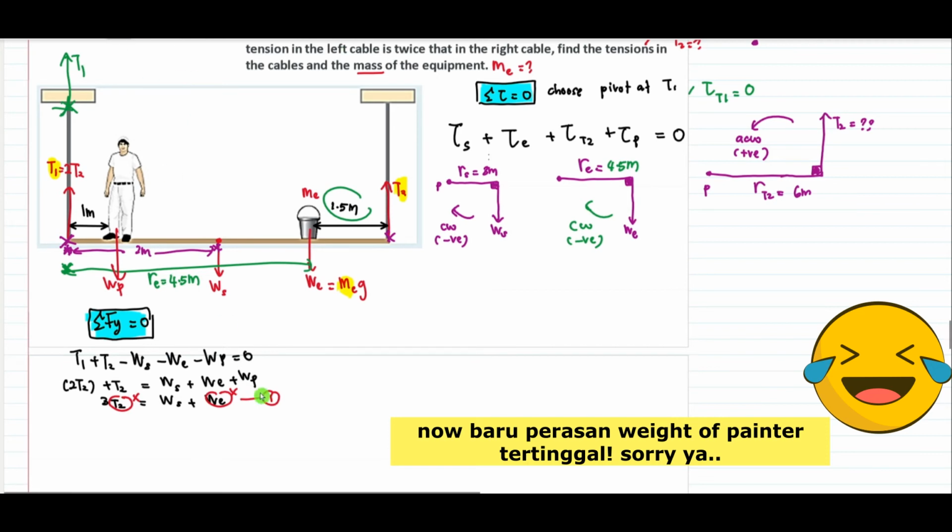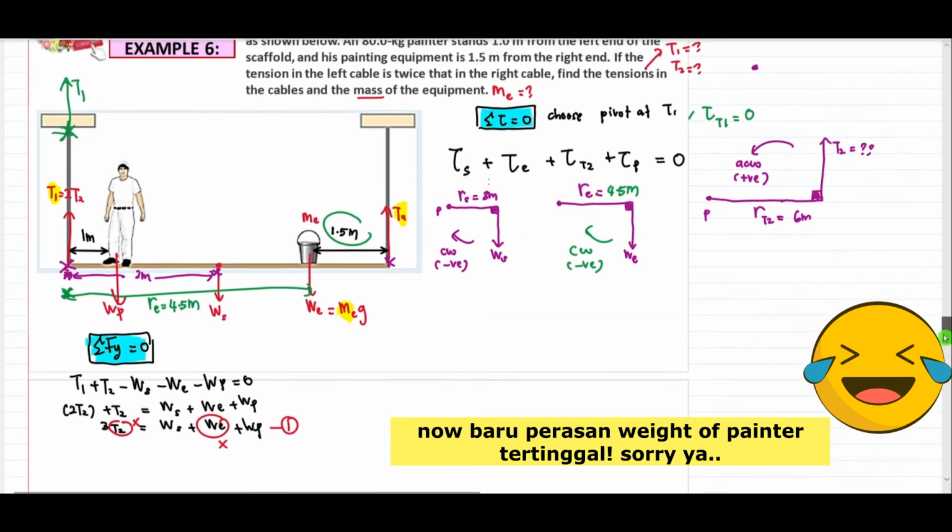Okay, so sekejap saya tambah dulu. Okay, tambah WP. So yang ni yang kita tak ada. So equation number 1. Okay, barulah betul kan? Kita tertinggal tadi.